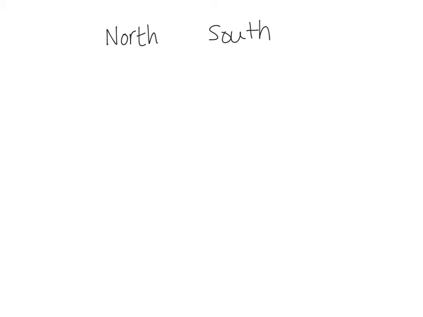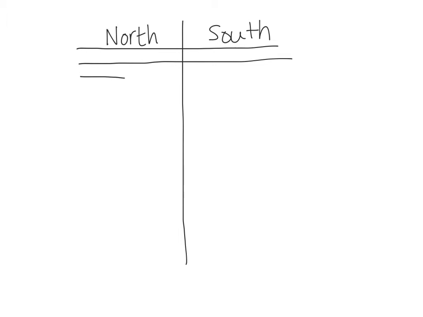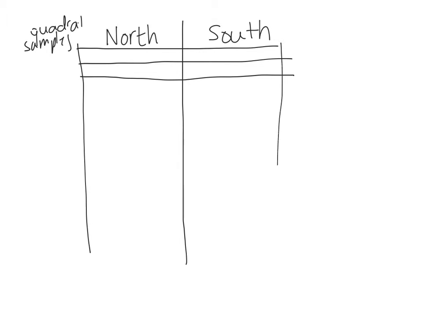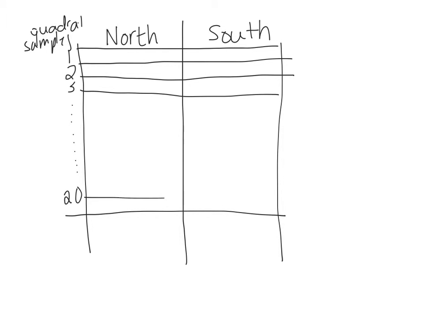And I would go ahead and make room for 20 quadrat samples. So we'll have like 1, 2, 3. I want you to do that all the way until you get to 20. And of course you'll need to include all these lines also.